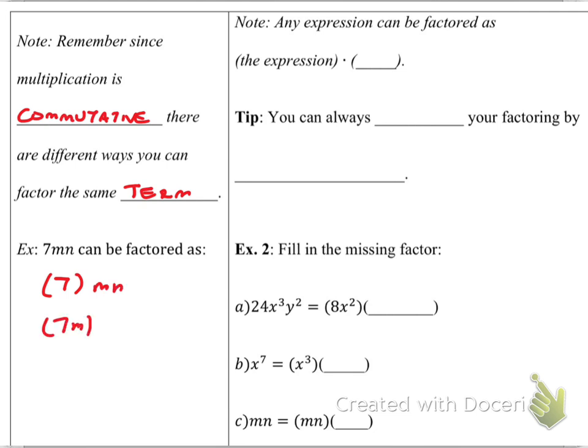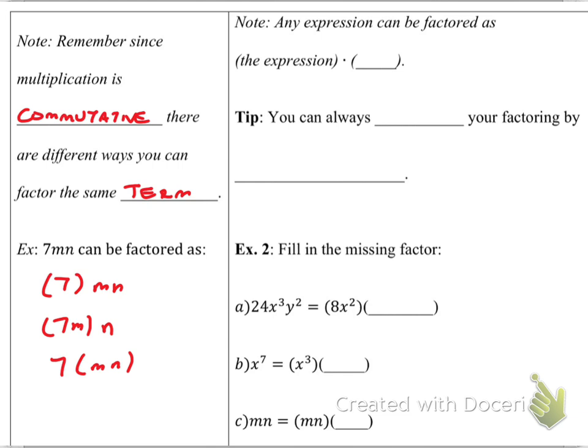Because again, remember, order of operations matters, and you want to take care of the parentheses first. So this is just one example of what we mean. Actually, this isn't necessarily dealing with the commutativity property here. This is just a rearrangement of how you can look at the factors.